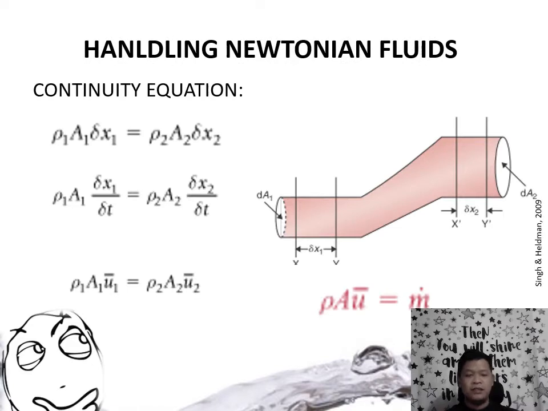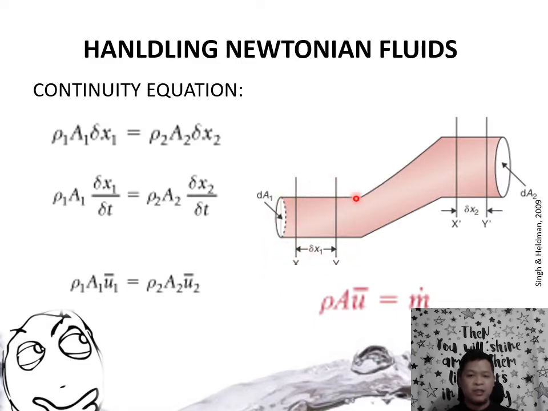Next is the continuity equation. So if we're assuming we're handling liquids, and because these are non-compressible technically, if there is a change in the diameter of the pipe, there will be a change in the velocity at that specific point.